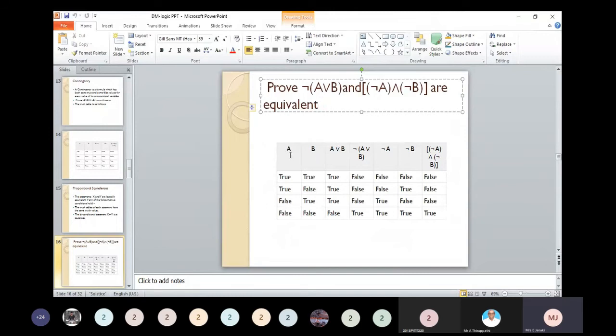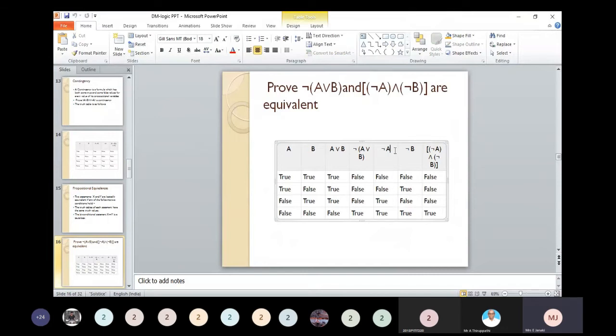So write down the A and B columns, the A or B column, and find the negation of A or B, and the negation A and negation B columns. See the fourth column, negation of A or B. If A or B is false, then its negation is true; the remaining entries are false, since negation of true is false.